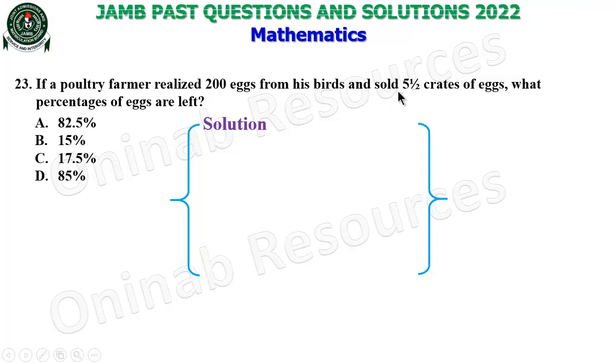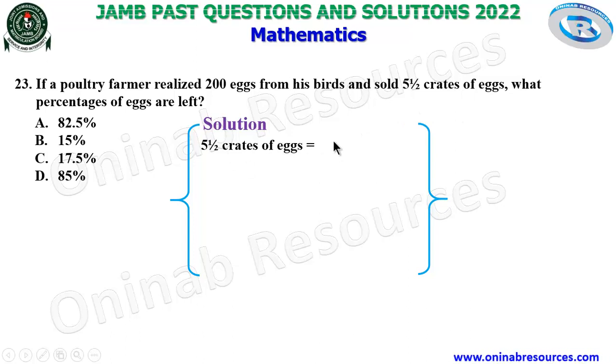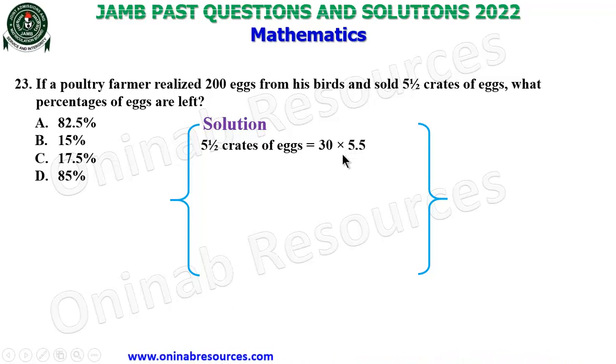The number of eggs sold is 5.5 crates. So we now look at 5.5 crates of eggs, which is going to be 5.5 times 30. A crate is 30 eggs. So that's giving us 165 eggs.